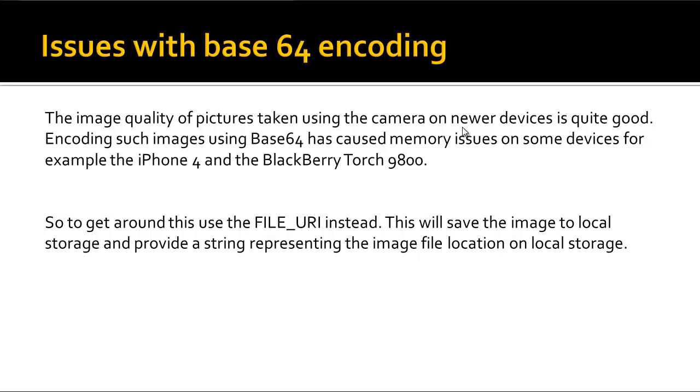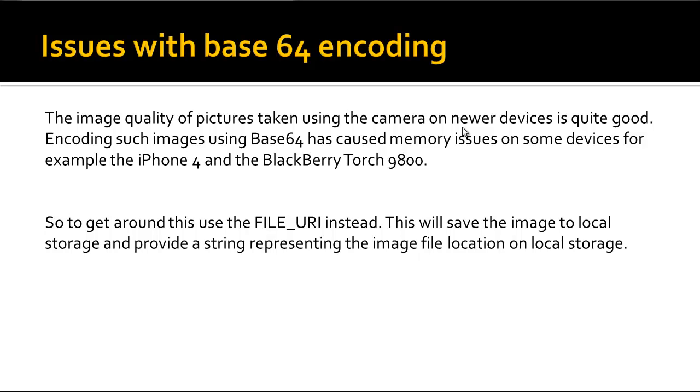But you think about a full HD camera on these devices, such as the iPhone 4S that's getting 8 megapixels and so forth, and other devices, that can really cause some big memory issues because it's a massive file, and encoding that file is simply going to take too long, and it could even crash the phone, which is something that we really do not want to do.